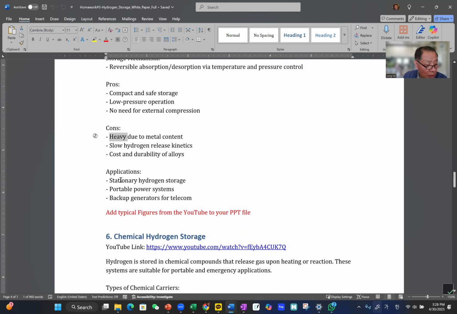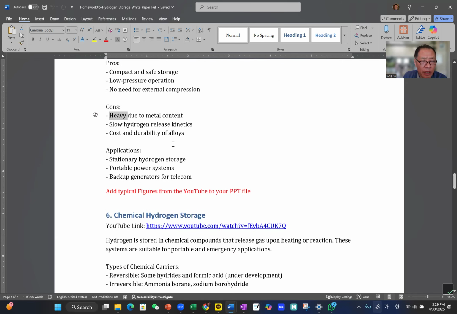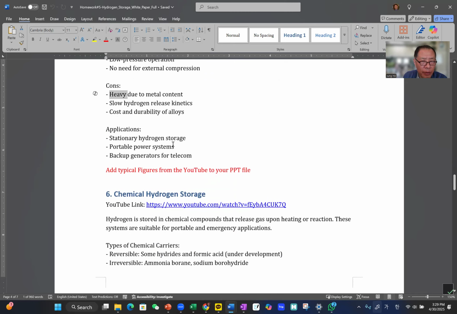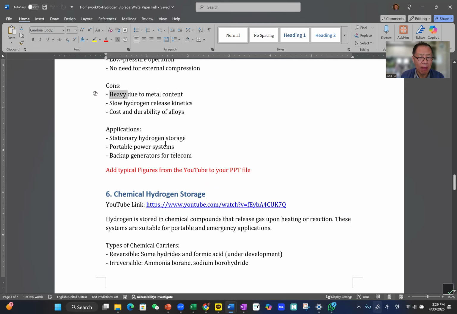No matter what storage we are using, the biggest concern is safety. So if safety is a concern, metal hydride hydrogen storage has very bright potential. The point is how to further increase the density so that the storage can be lighter. There's still a lot of research going on.